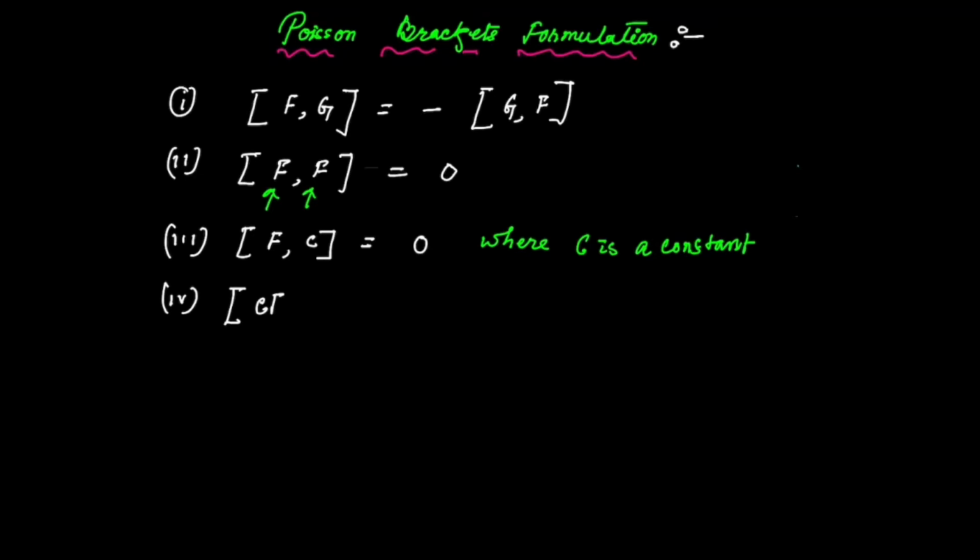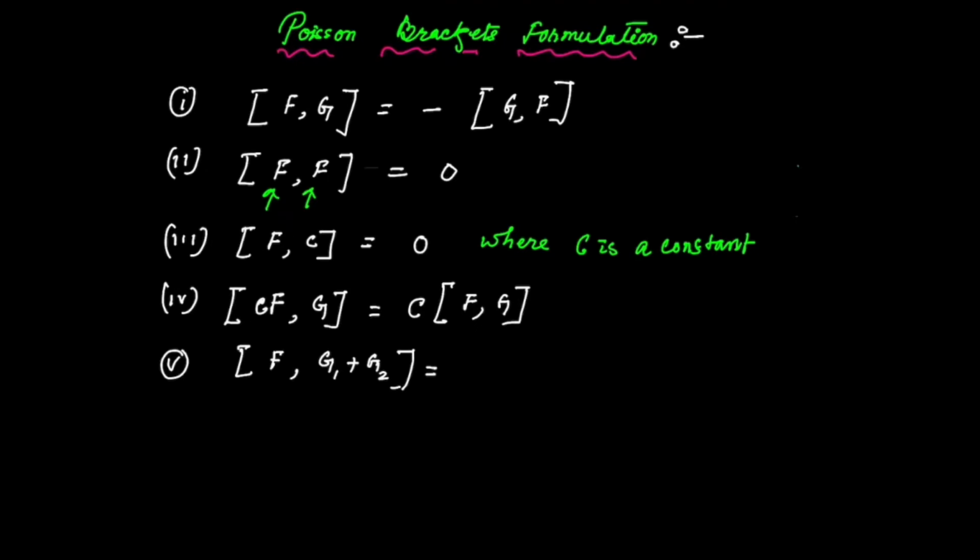The next one is the Poisson bracket of c times f and g. Here also c is a constant and f is a function. That is always going to be equal to c times the Poisson bracket of f and g. Now our next relation is the Poisson bracket of function f and the sum of two functions z1 plus z2.